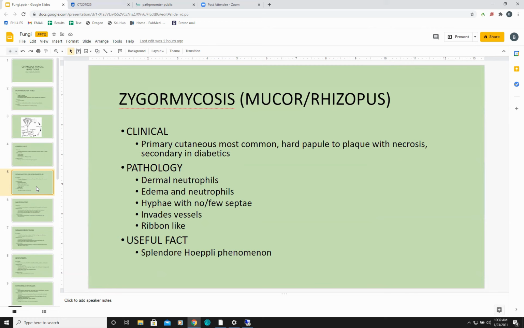And the pathology of this is a dermal neutrophilic infiltrate with prominent edema. This one you find hyphae, but no or very few septae, and these are ribbon-like organisms, and you find that they invade the vessels. And an interesting fact with this is that you see the Splendore-Hoeppli phenomenon, which is the organism in the center and radiating pink fibrinous material around it. So that's a finding that will clue you into that it could be zygomycosis.